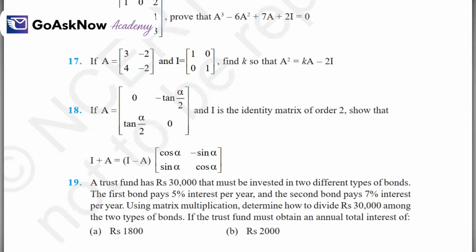I matrix will be 1, 0, 0, 1. And then substitute I minus A in the right hand side, do the matrix multiplication, and after that compare the elements of left hand side to right hand side. You will get the result. Or you can just verify that I plus A is equal to I minus A into cos alpha, sin alpha, sin alpha, and cos alpha.